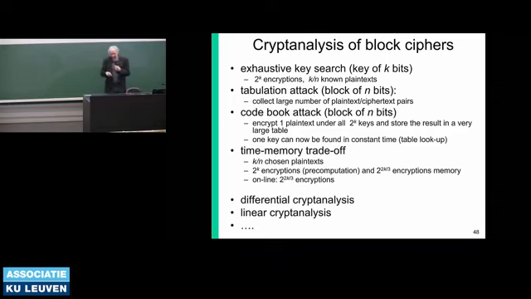And if you can then convince your victim to encrypt the same plain text, then you can just look up in your table what the key is, right? But of course, if my key is 128 bits, there is no way you're ever going to be able to build that table, 2 to the 128 times 2 to the 3 or 2 to the 4 bytes. There is not even a word for the memory you would need.